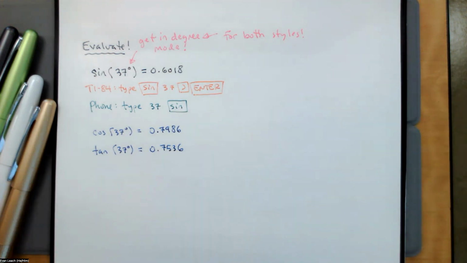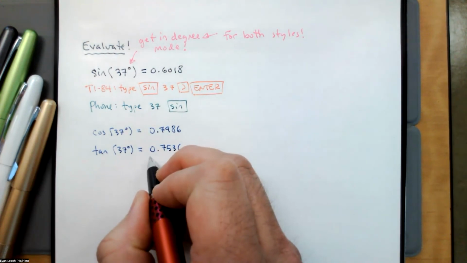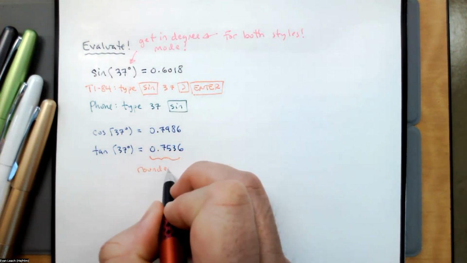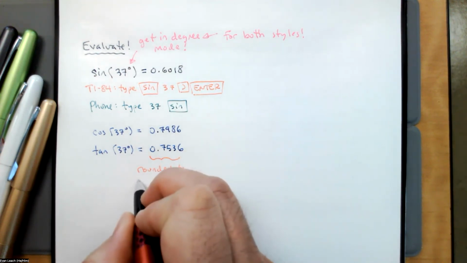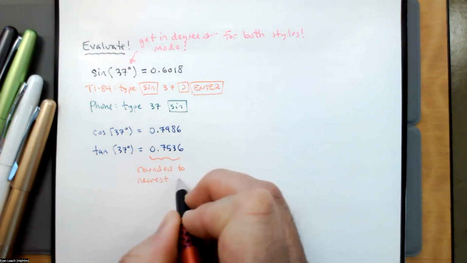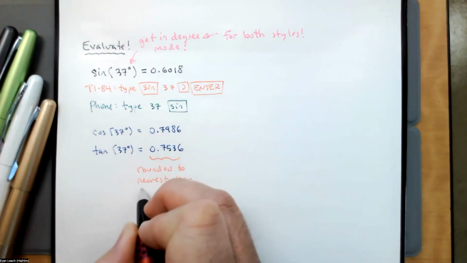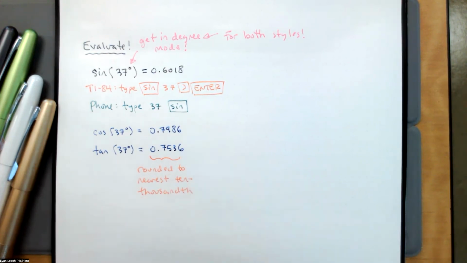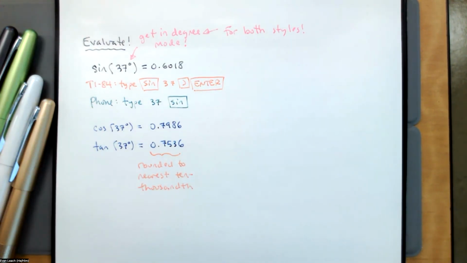So this has been rounded to the nearest 10,000th. And that means 4 decimal places, or 4 places to the right of the decimal point.